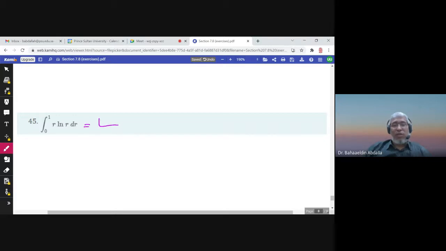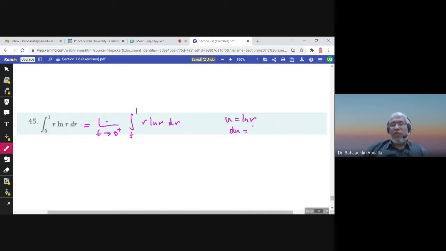So I just write the limit as t approaches 0 from the right, of the integral from t to 1 of r ln r dr. And I can solve this integral by integration by parts, but u is ln r, not r.